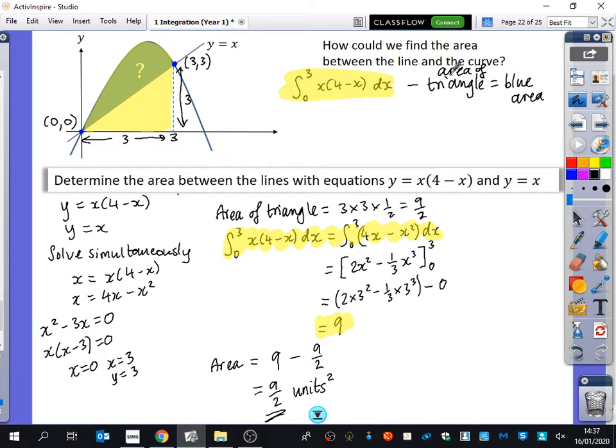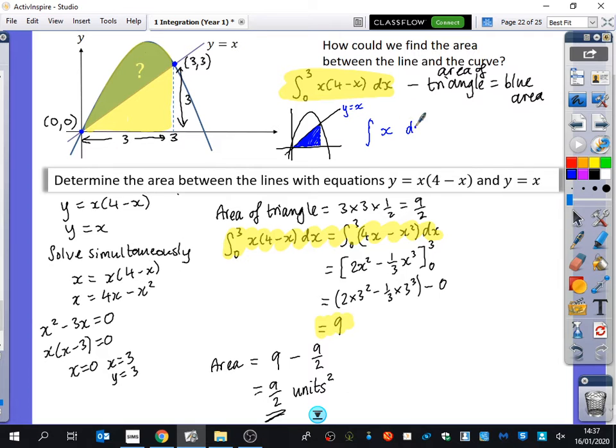Instead of doing it as the area of a triangle, if I'm looking at this graph and this graph, isn't the area of the triangle just the area underneath the line y equals x? So I could just integrate the line, the equation of the triangle, y equals x.